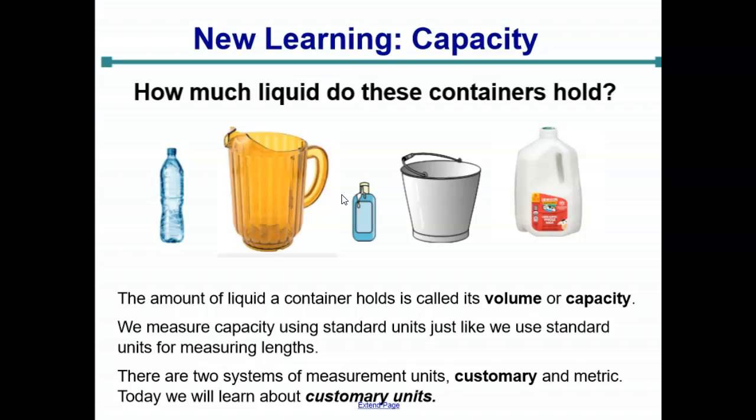And I'm going to introduce you to these units right now. So we measure capacity using standard units, just like we use standard units for measuring length. There are actually 2 systems of measurement units, customary and metric. We get to learn about both during this unit, but today we will learn all about customary units.